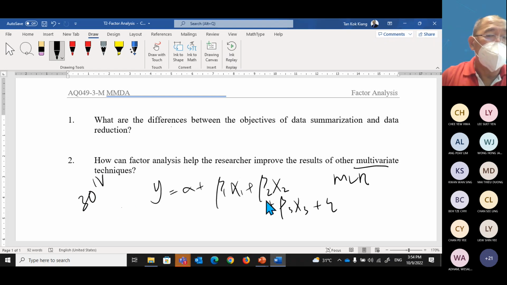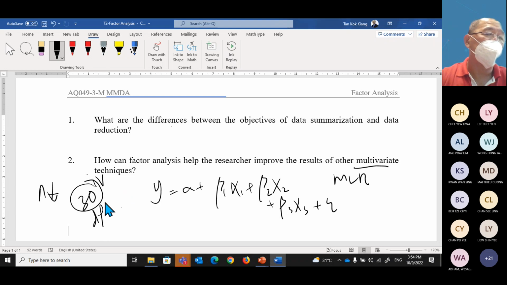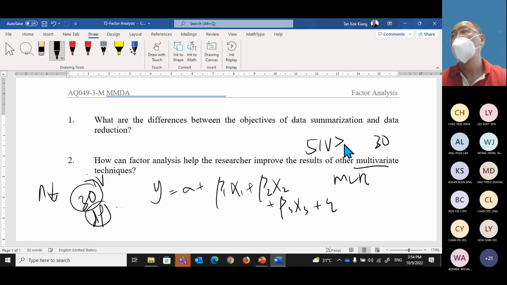If you include everything, it will be too much, because this will consume a lot of degrees of freedom, especially if your sample size is too small. Therefore, the result may not be too good. So from 30 variables, you can use factor analysis to make it become maybe 4 or 5 factors only. Therefore, you have 5 independent variables compared to 30. 5 is better, you consume fewer degrees of freedom in the multiple linear regression.